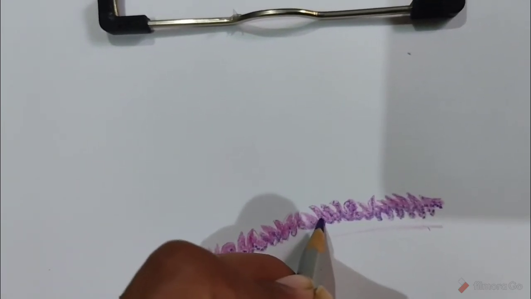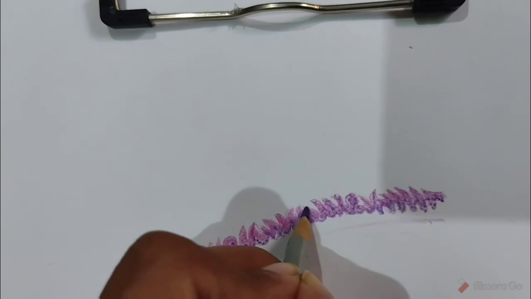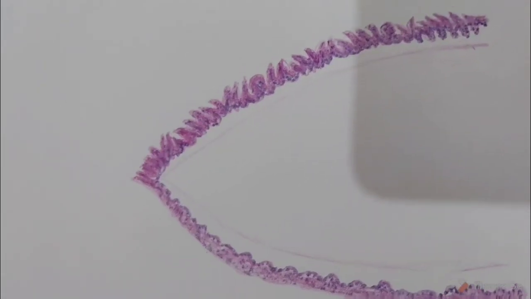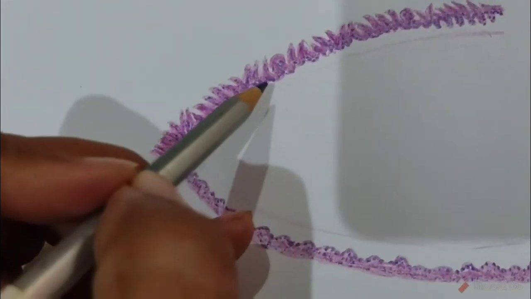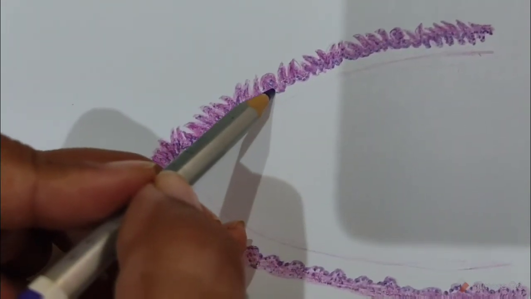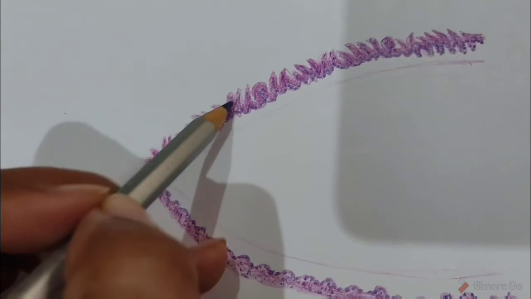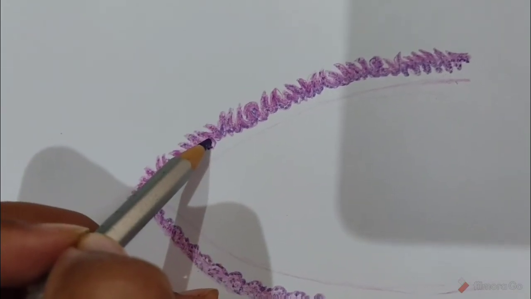Fill the nuclei. So this is how you will fill the nuclei in the epithelial layers in the stratified squamous partially keratinized epithelium.